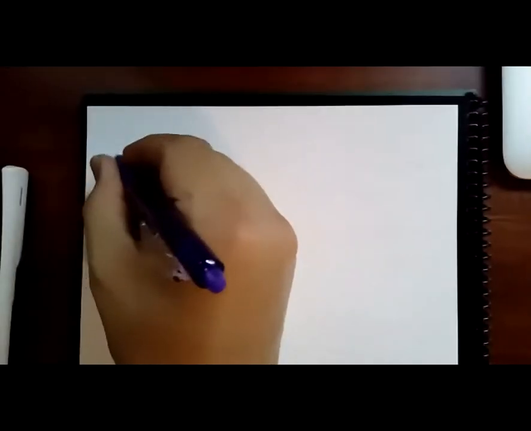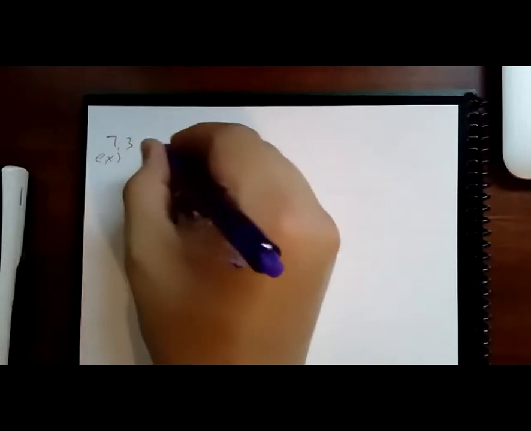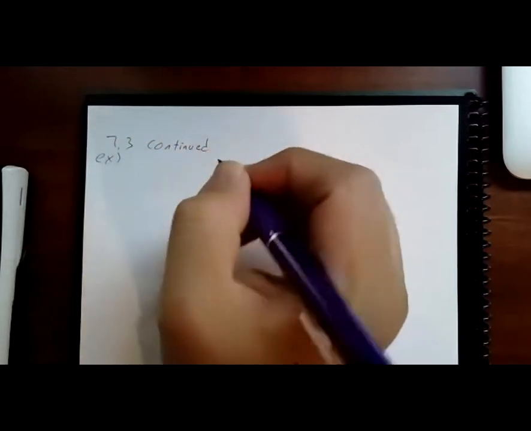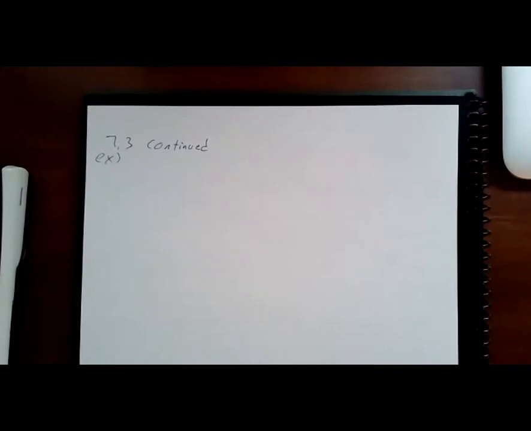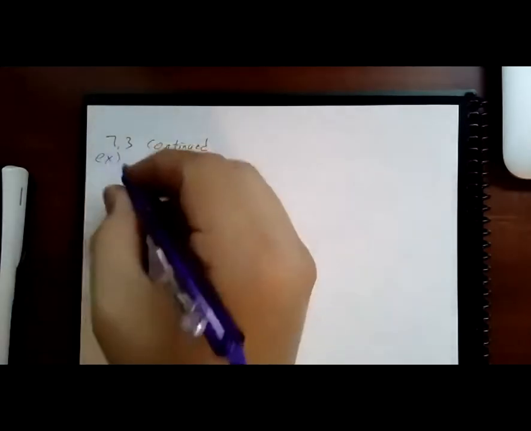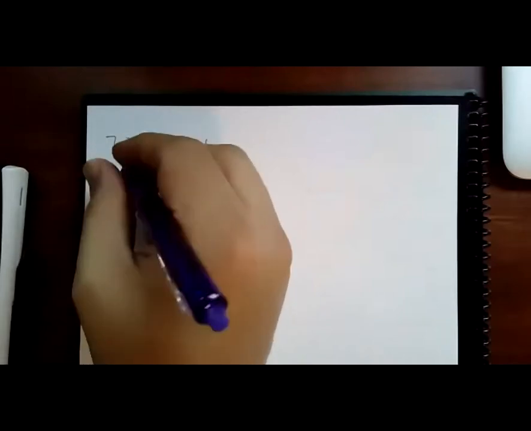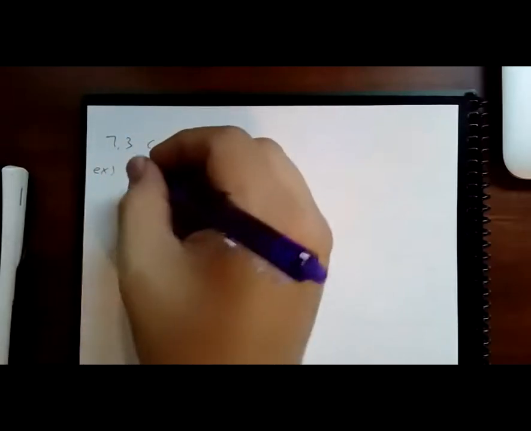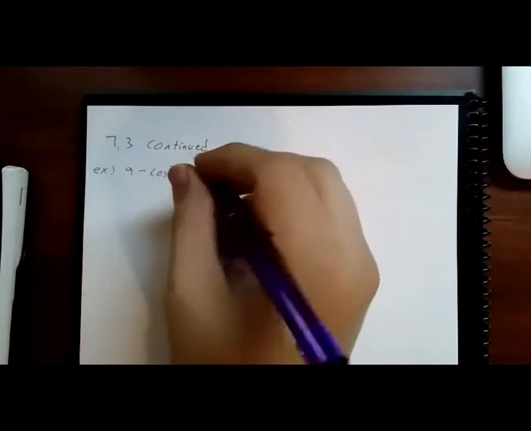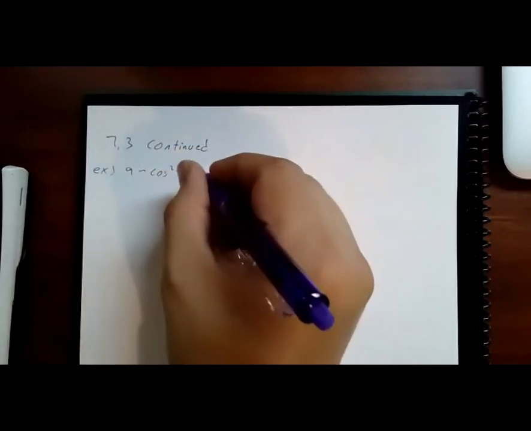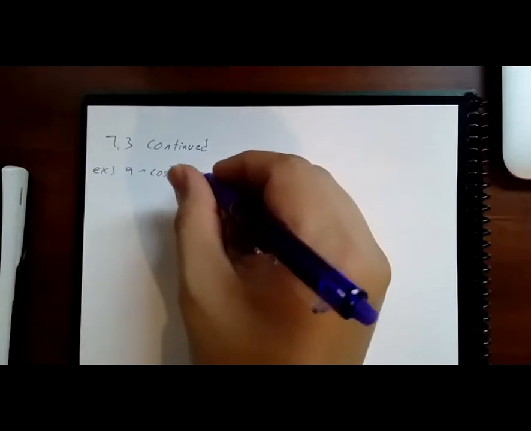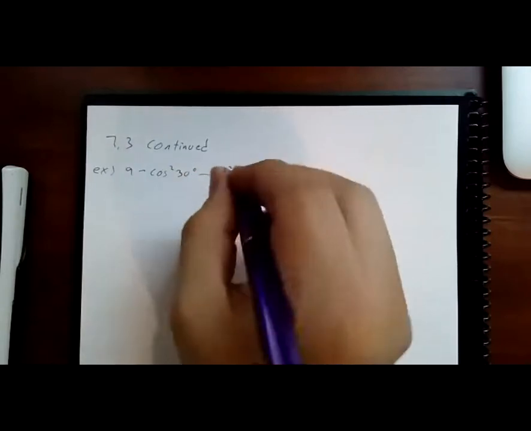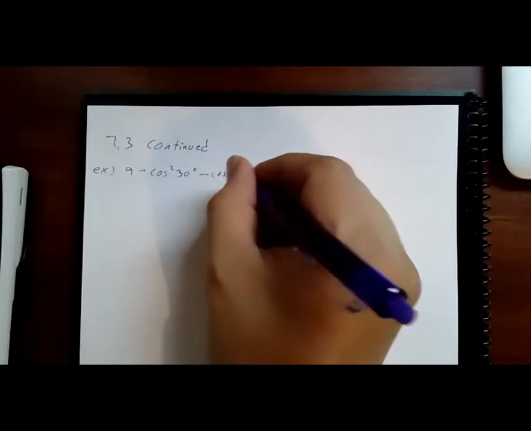We'll do a few more. All right, so next, 9 minus cosine squared of 30 degrees minus cosine squared of 60 degrees.